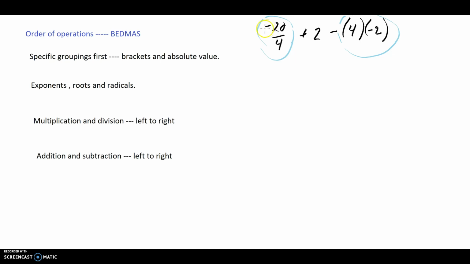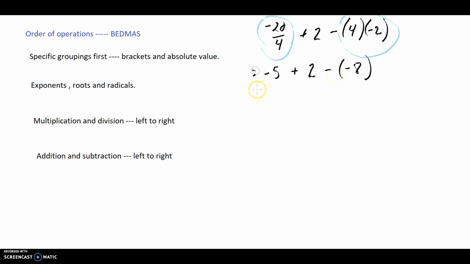So negative 20 divided by 4 is negative 5. We're not doing anything with this plus 2 yet. Subtract, and we should then figure out what this product is. It is 4 multiplied by negative 2, which is negative 8. All right, we have taken care of all multiplication and division. Now notice I have got just addition and subtraction.